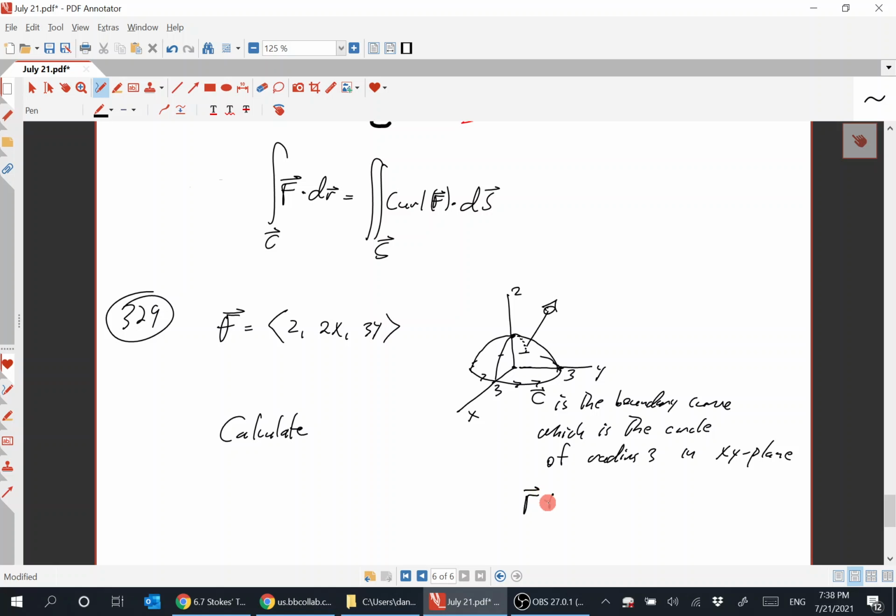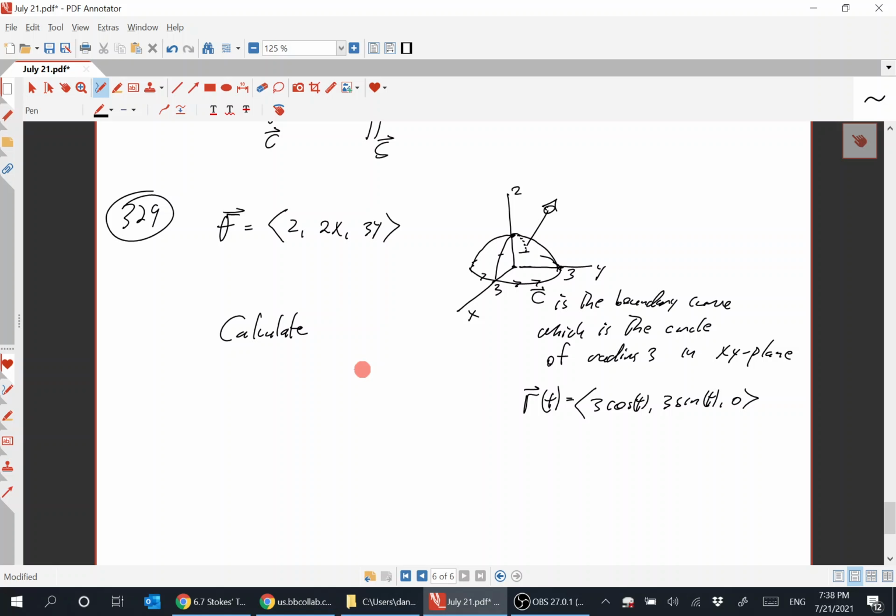So that's r of t equal to 3 cosine t in the counterclockwise direction, 3 sine t, and then z is just 0.